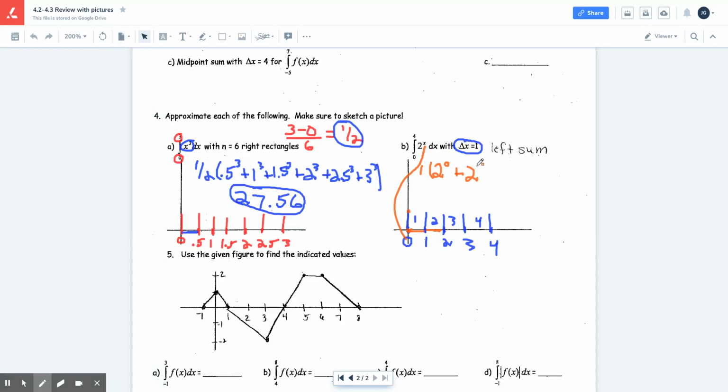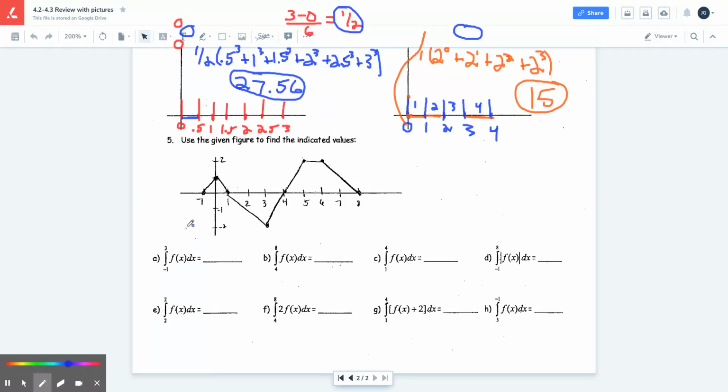So it's 2 to the first plus 2 to the second, plus 2 cubed. I don't do 2 to the fourth because in this last rectangle, the left sum is the 3. Right? And then you add all of those up, multiply by 1, and get an answer of 15.